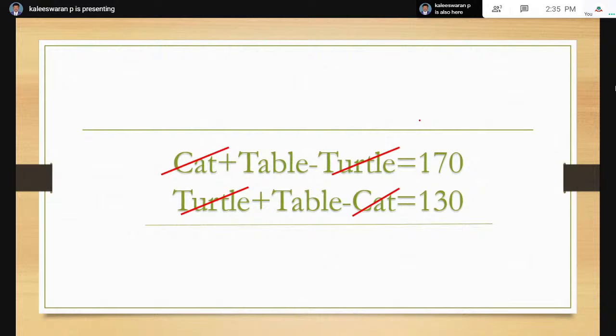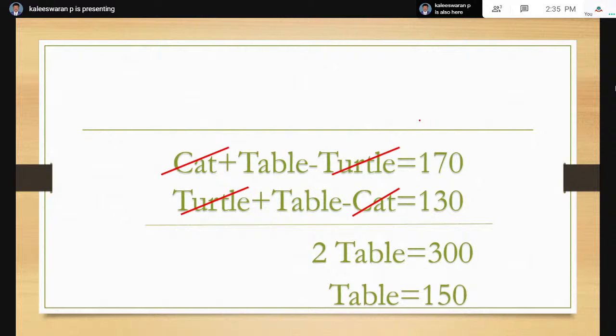So finally, you get 2 table equal to 250. So what is the height of the table? It is 125.